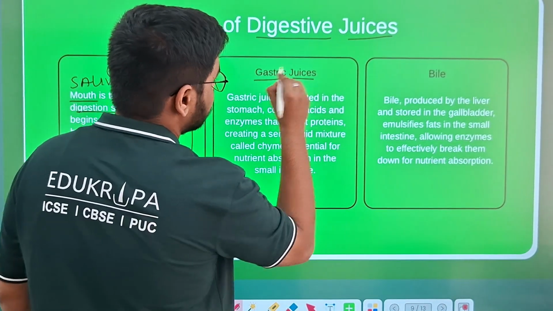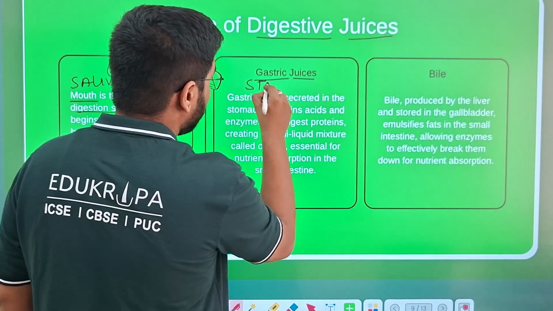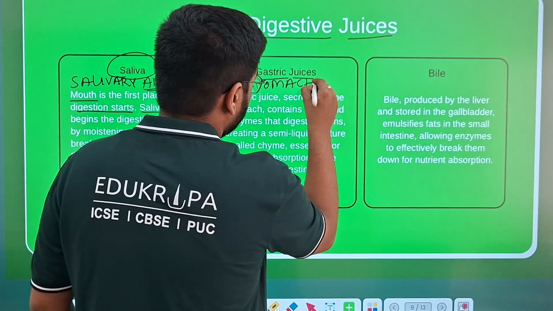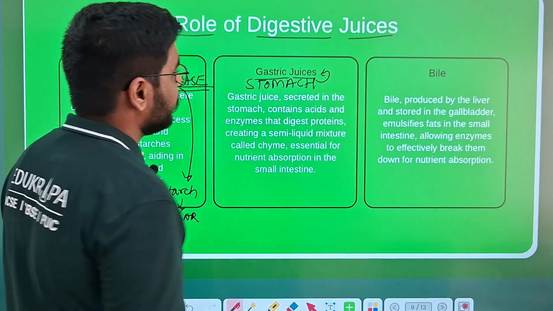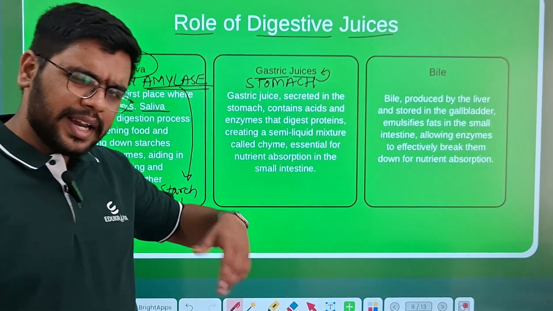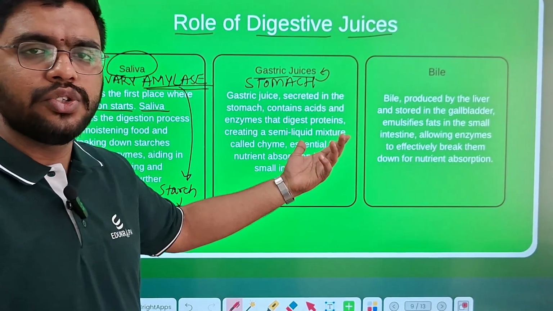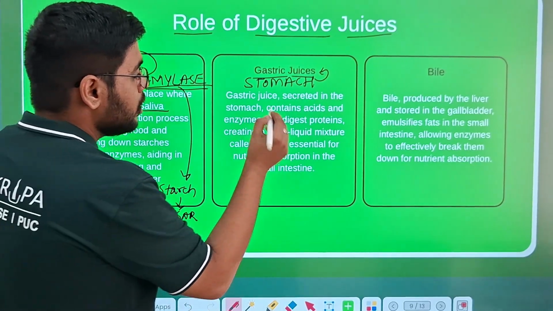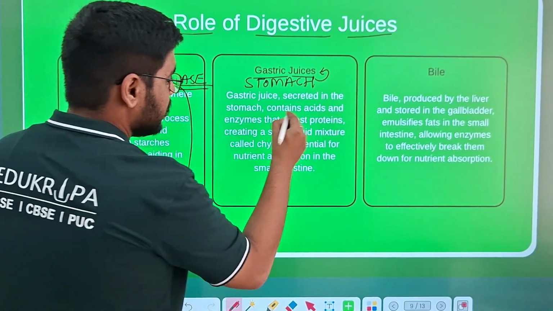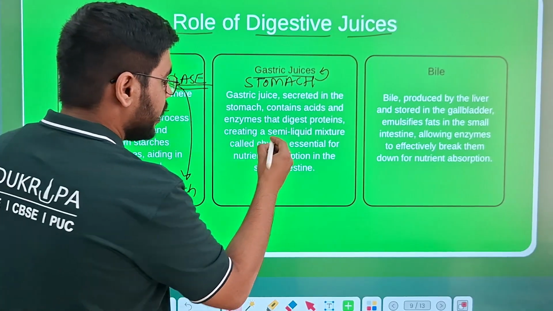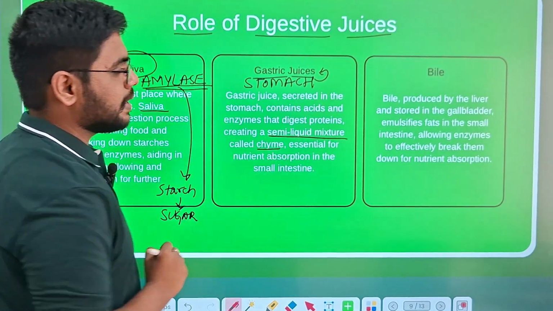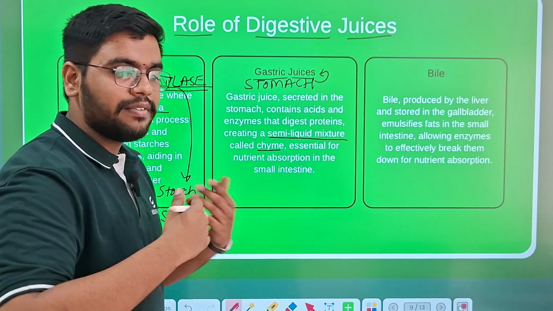Next come the gastric juices, mainly present in the stomach. Gastric juices are usually associated with the stomach. What do they do? They convert the food particles which enter into a semi-liquid mixture called chyme. Why does it convert it so?